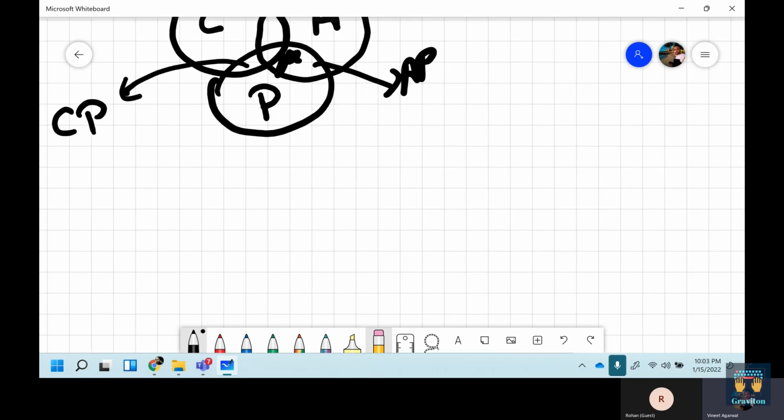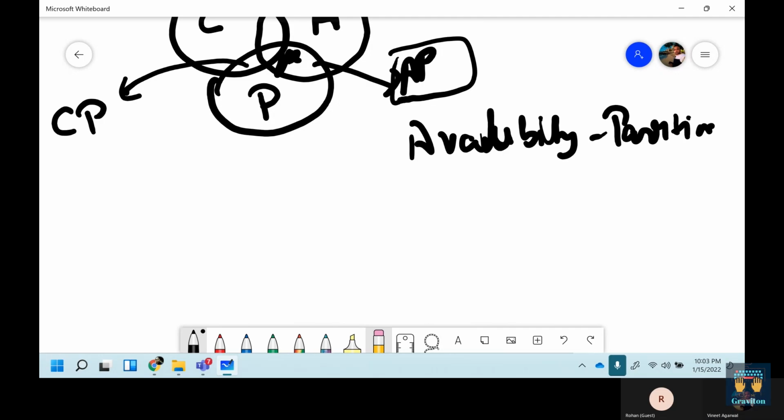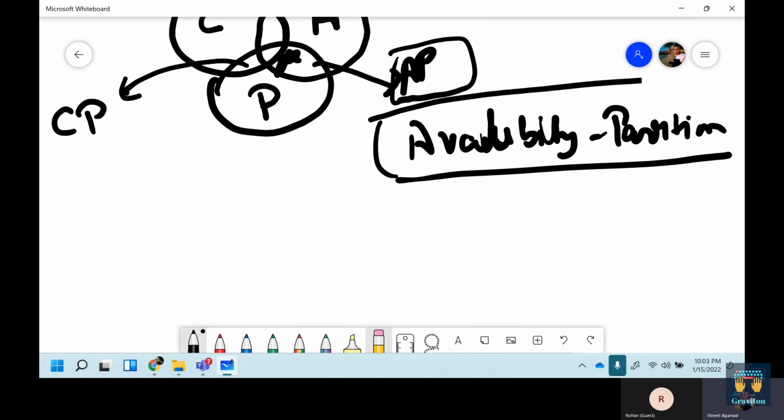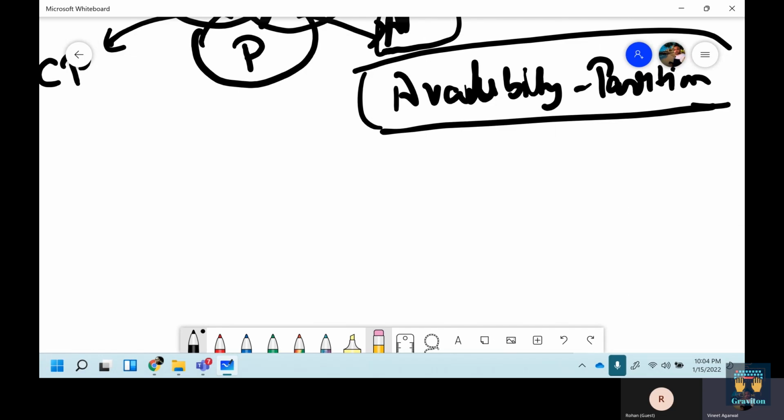Let's talk about what AP is. AP means availability and partition. What does this mean? You can think of a real-time example like MongoDB.